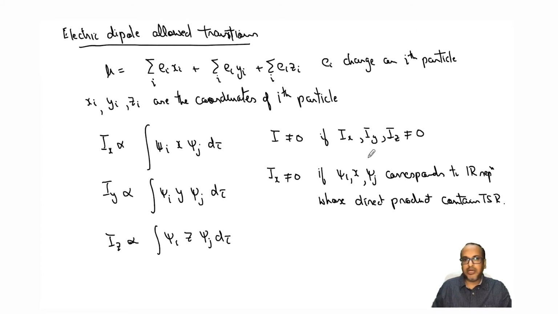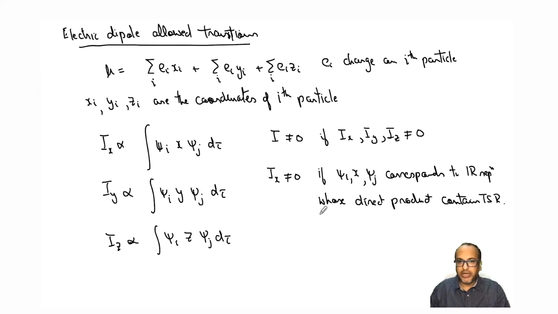Now there is an interesting thing: x is a unit vector along x, y is a unit vector along y, and z is a unit vector along z, right? If we refer to any character table, we already know the IR representation corresponding to x, and similarly corresponding to y.